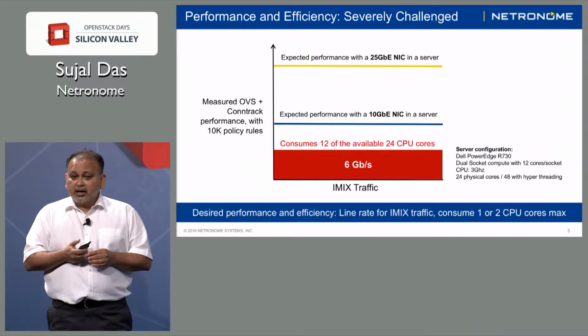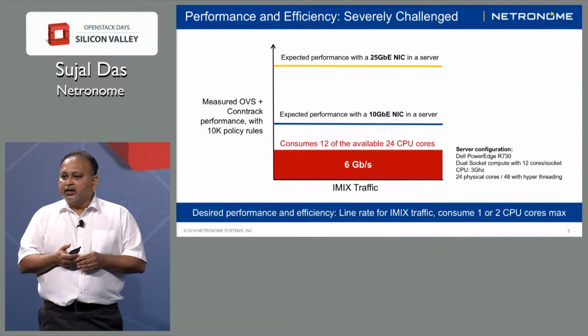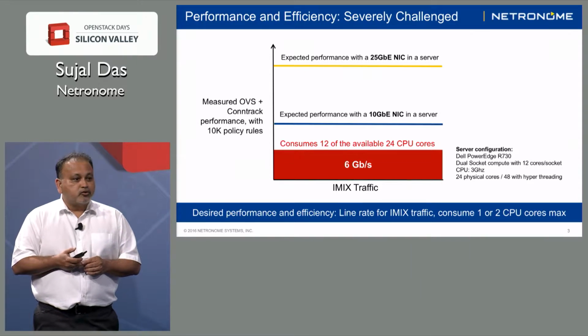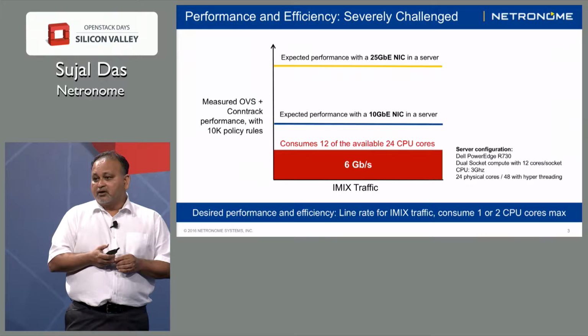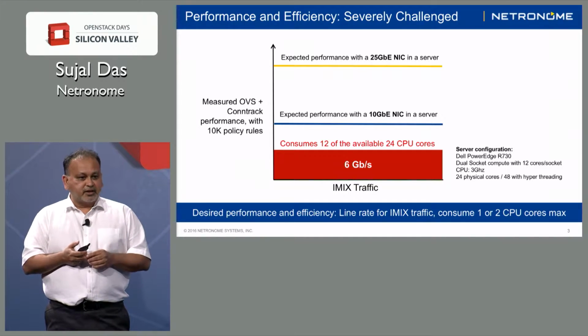Not only that, when vSwitch's connection tracking is running in software using the CPU cores, as many as 12 of the 24 CPU cores on the server are used up by network-based processing.